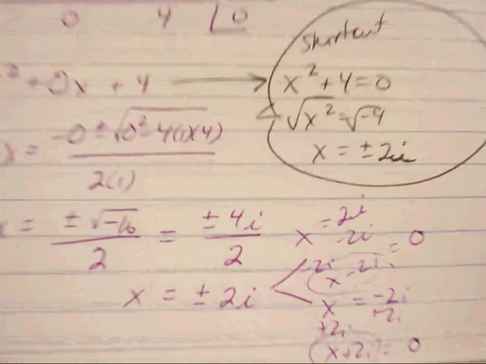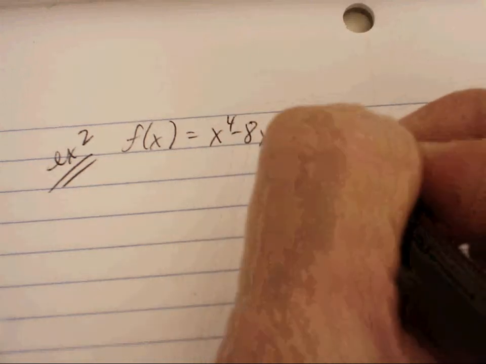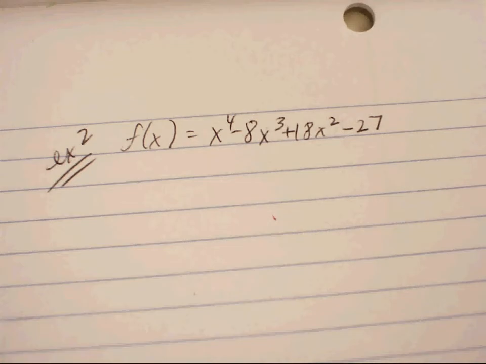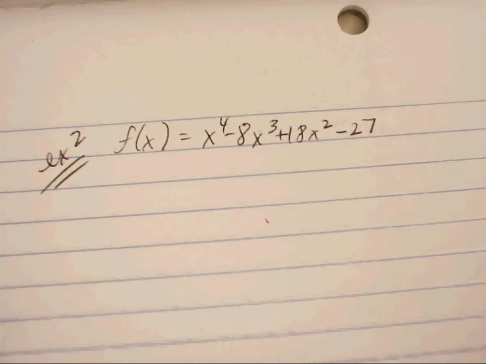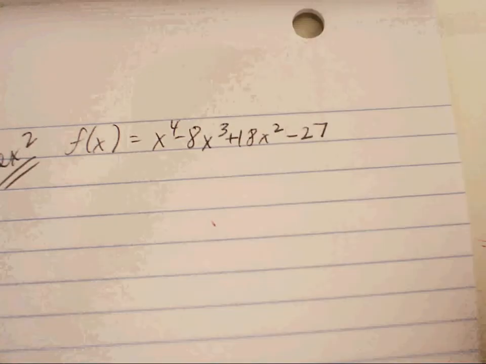Example 1, taking what we learned yesterday and moving from just being in the real solutions to the imaginaries. The question says how many zeros at most could you have?